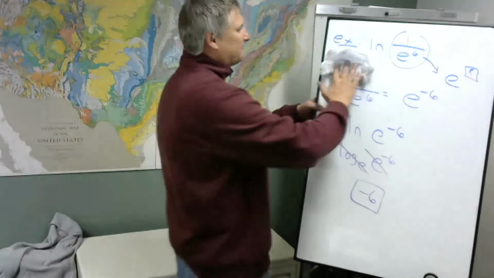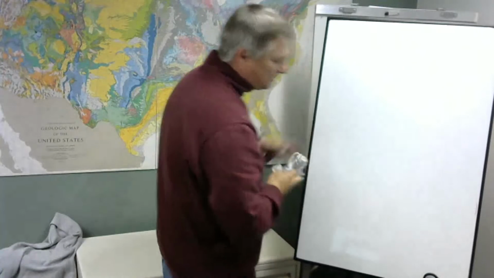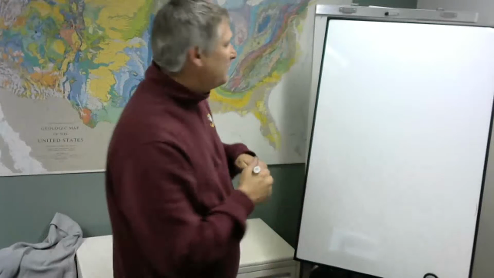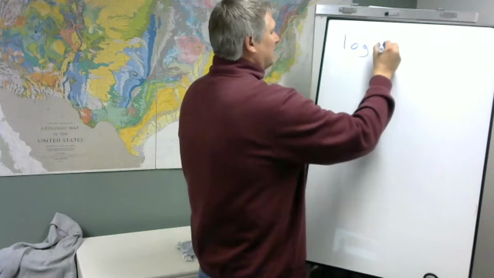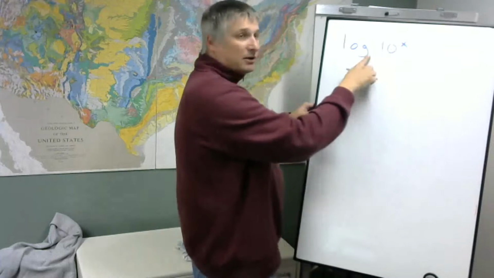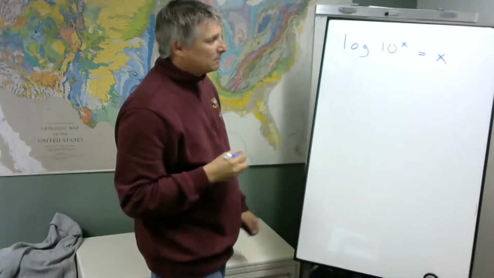So basically, this gives us two properties, and we've seen this before, but we're just going to specify them for this. The log of 10 to the x, because this is log base 10, will just give us x.